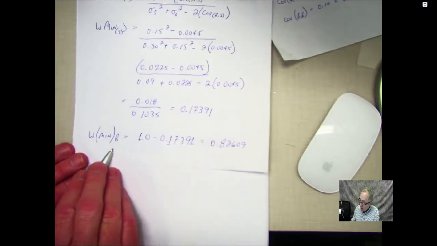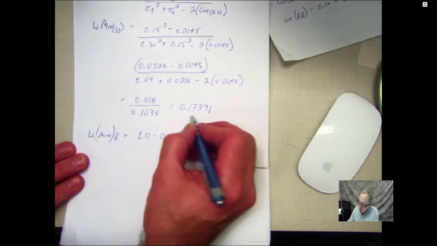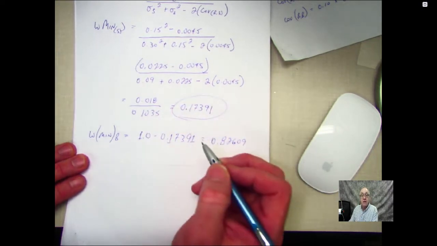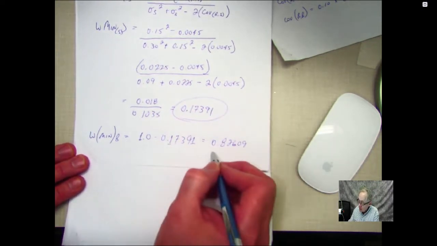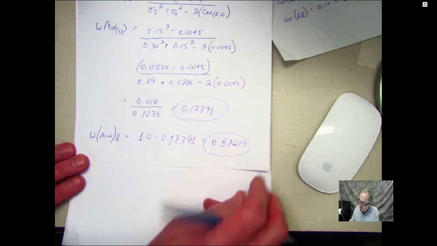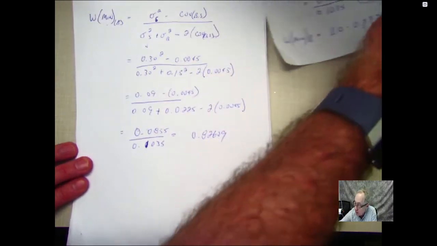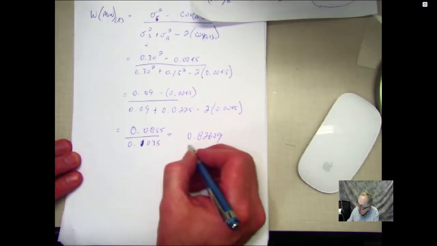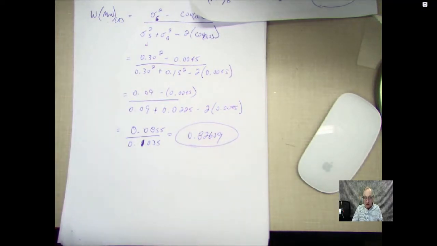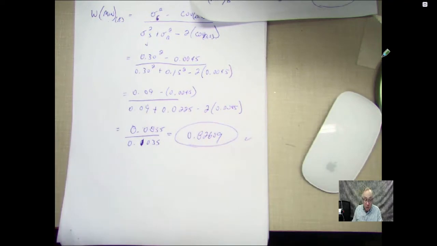Okay, back to our proof, we calculated the weight of the stock fund is going to be 17.4%. So 1 minus the stock fund, the weight of the bond fund should be 0.82609. And our mathematical proof, the weight of the bond fund indeed is 0.82609. So both methods, long form, short form, confirmed that.